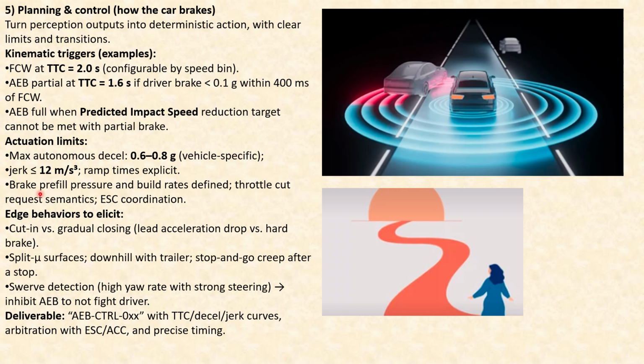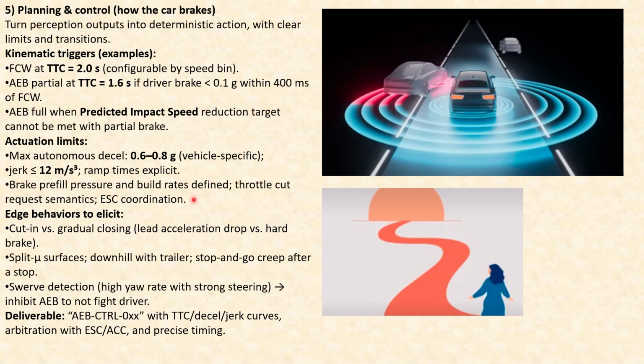So next is brake pre-fill pressure and build rates defined, throttle cut request semantics and ESC coordination. So brake pre-fill pressure must be decided so that the system applies the appropriate pre-fill pressure to slam the brake in the right way.